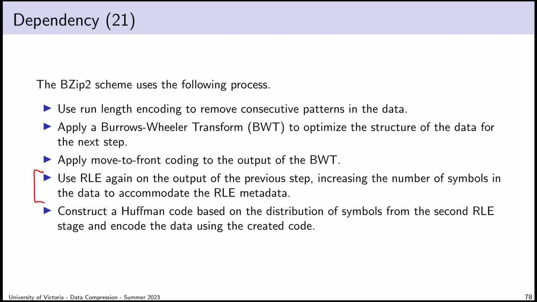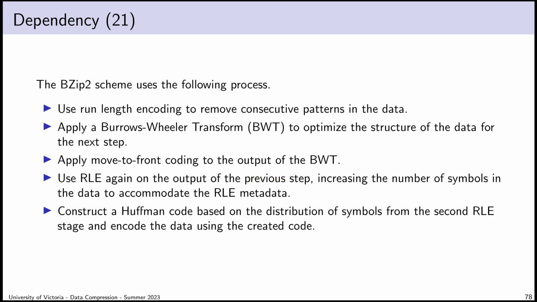And once that's done, I construct a Huffman code. Like with deflate, this stage will end up increasing the number of symbols because extra symbols have to be introduced to accommodate things like run lengths, the metadata associated with run lengths. And so when I'm done with that, I construct a Huffman code based on the new set of symbols, which hopefully is independent or more independent than the input, and then encode the data using that.